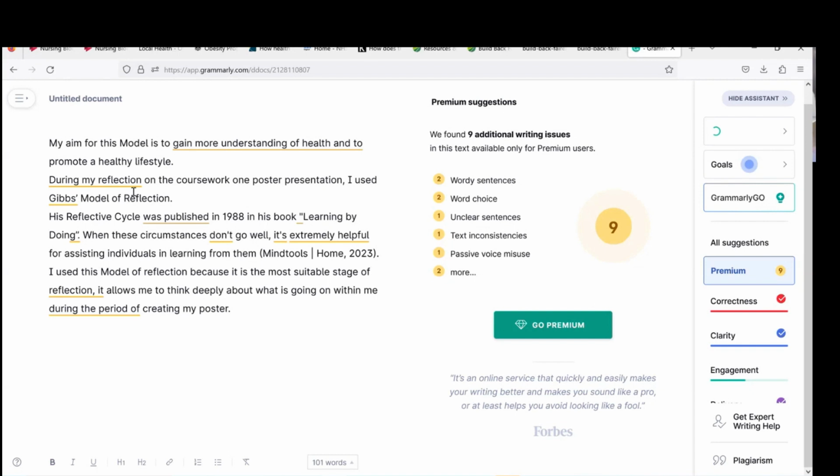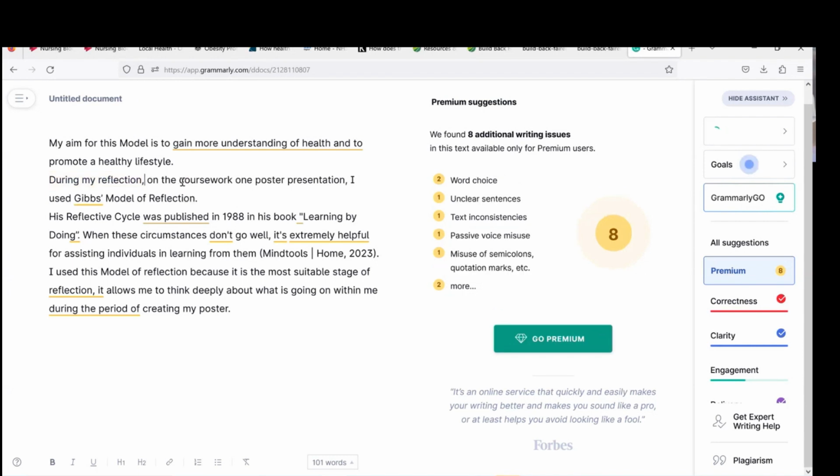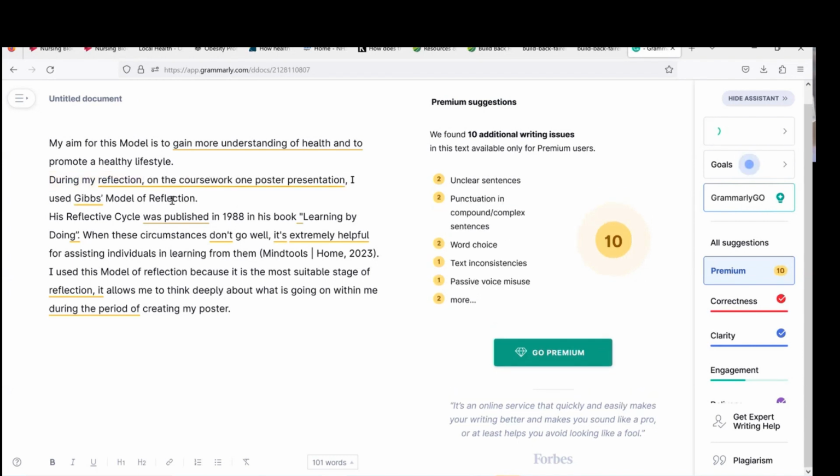And you can see that it immediately tells you where you have a problem. For example, if I put a comma there, you see it's going to continue. During my reflection on the coursework, one poster presentation. That is strange.